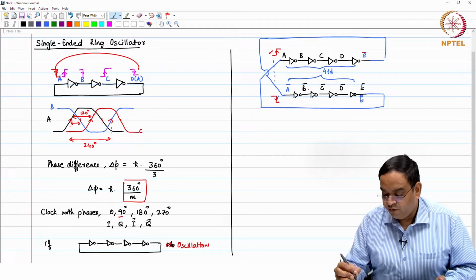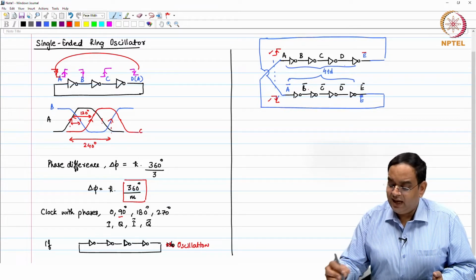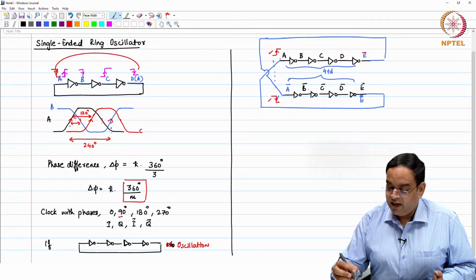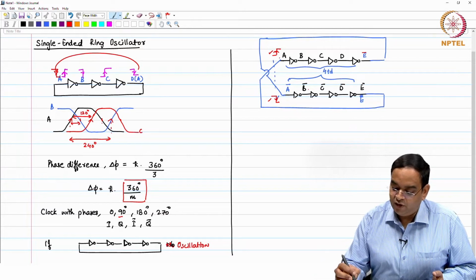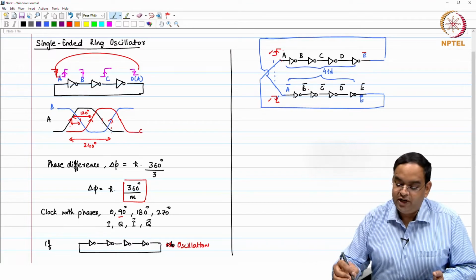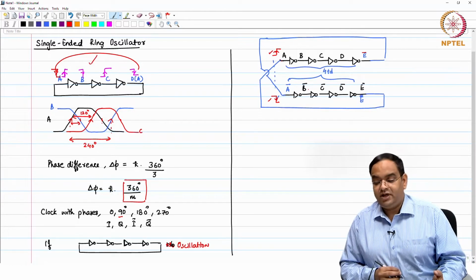If I can enforce this relationship, then very well I can connect it in this manner, and when you apply a rising edge after delay 4 TD, you get a falling edge here, and then when you have a falling edge at input A, then after again delay 4 TD, you will get a rising edge.